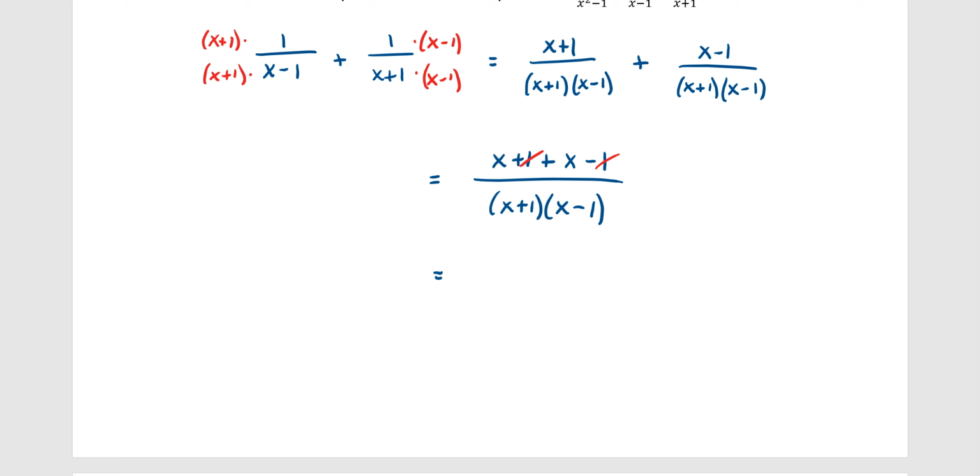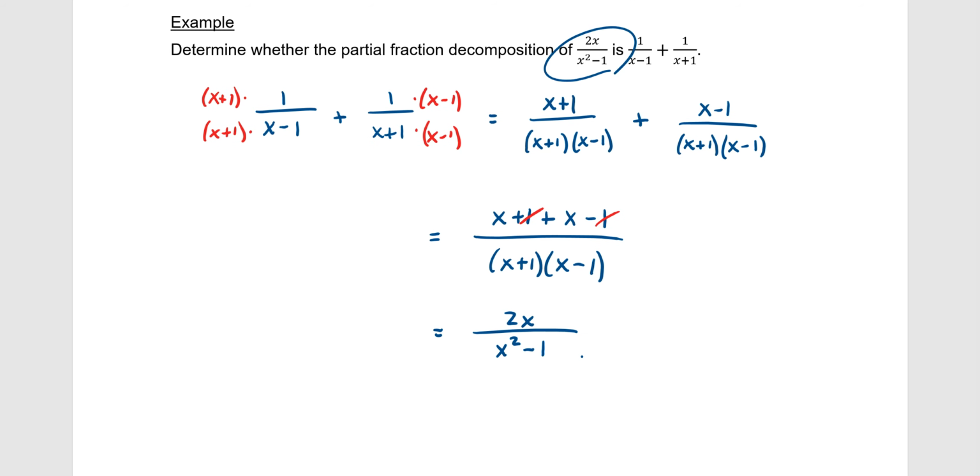And then we can combine the x's, which is 2x for the numerator. In that denominator, that's multiplying conjugates. So you could FOIL out that denominator, x plus 1 times x minus 1, or you can know that since they're conjugates, it's going to be the first one squared minus the second one squared, which is x squared minus 1. Okay, so we can see that that's exactly what was in the question.